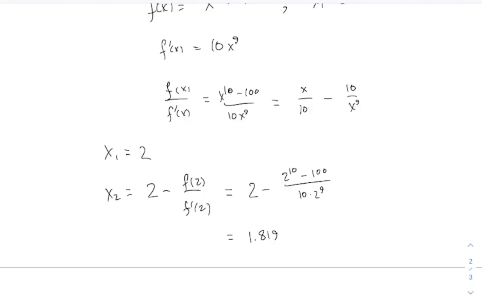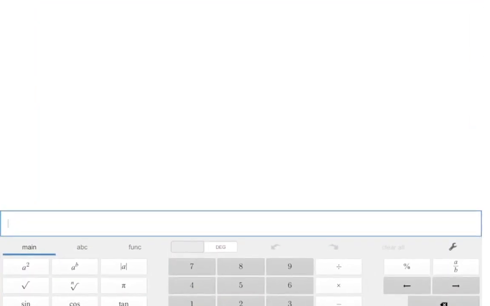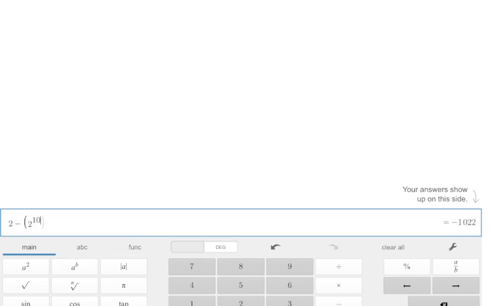So here's my little suggestion. I am going to type this in. I got my calculator here. It's gone now. What did it say? 2 minus, and then I got a fraction of 2 to the 10. Can you see where I'm typing? It's down in the box down there.